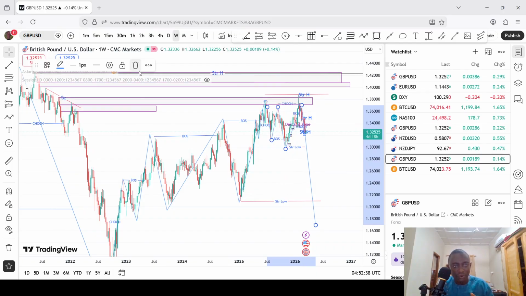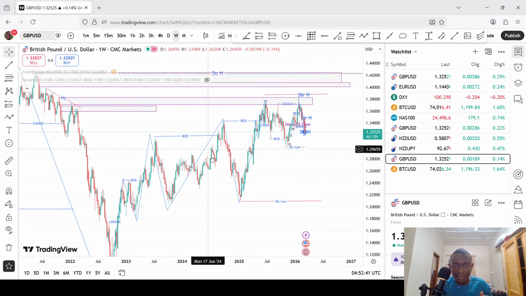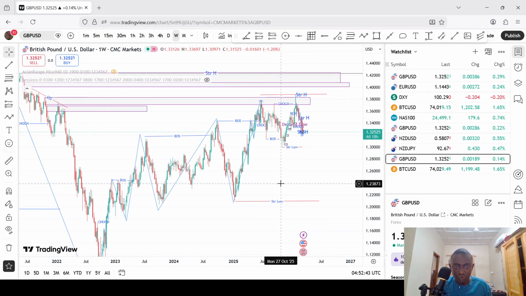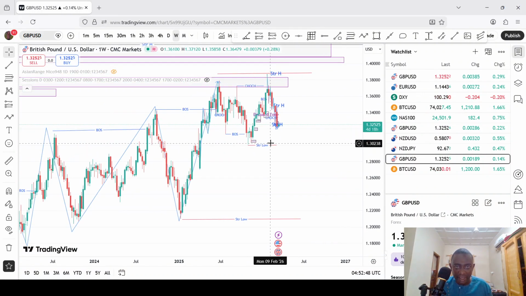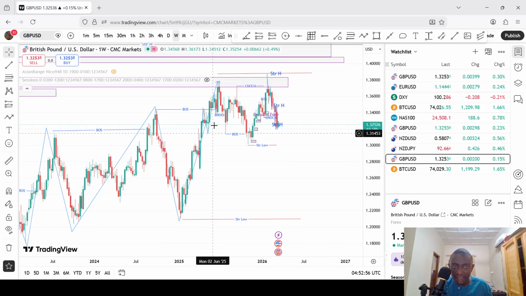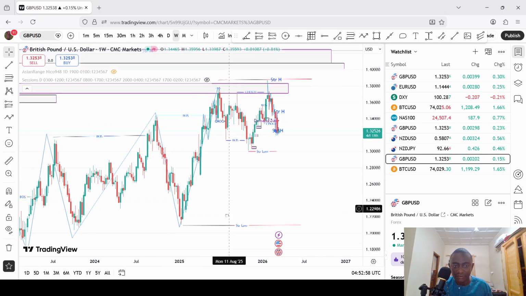And once you analyze the market this way and you are expecting price to come down, something like a pullback, which is almost happening from the weekly time frame, what you have to do is map up your areas of interest within that particular zone.